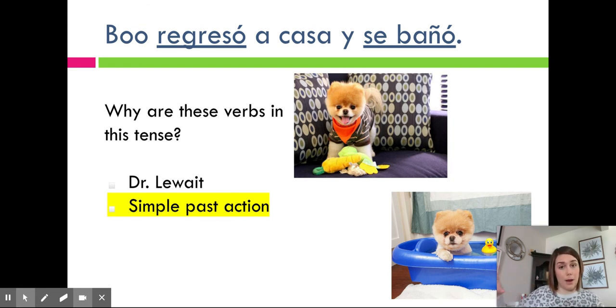I'll give you a prompt and I'll say, describe the weather. You're going to need to know, according to the picture, I'll give you some words. You're going to write a sentence describing the weather. But since we know weather is part of Dr. LeWade, you'll use the imperfect. We will talk about this more in class on Thursday. But if you did not do well on this, maybe go back to the beginning and re-watch it so that you are prepped for your exam.